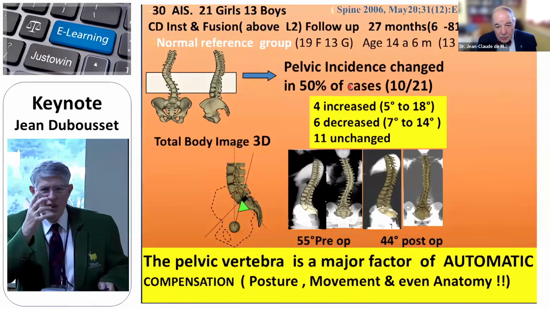And what is interesting is we say usually that the pelvic incidence doesn't change during growth. It's a constitutional factor. This is true for patients without scoliosis. But with scoliosis, we have some change during growth.